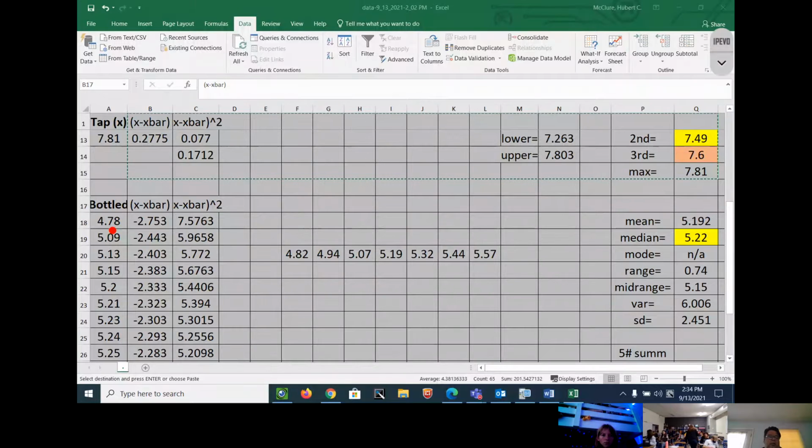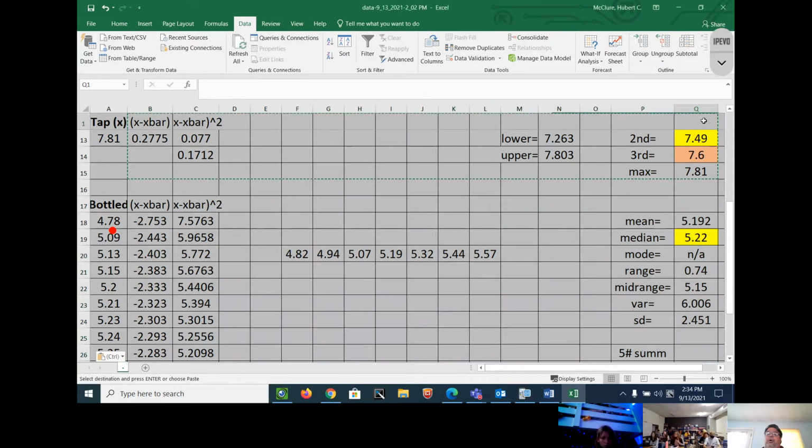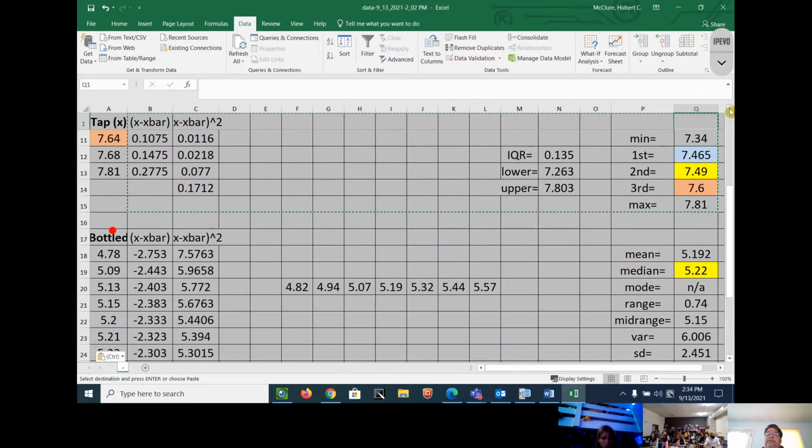Okay. So, somebody tell me, what number do you need to look at to tell if this data is tight or not? What number do you look at to tell if this data is all together or not? Standard deviation. Exactly. So which group of data has the smallest standard deviation?